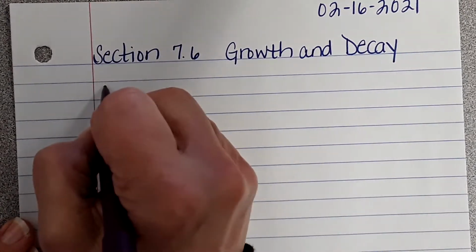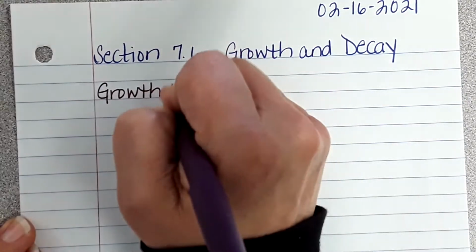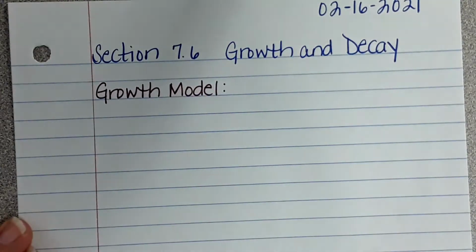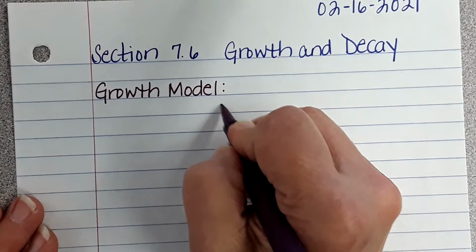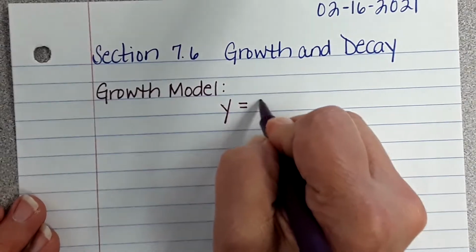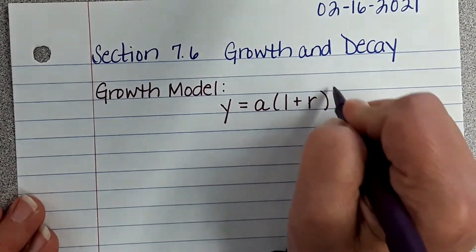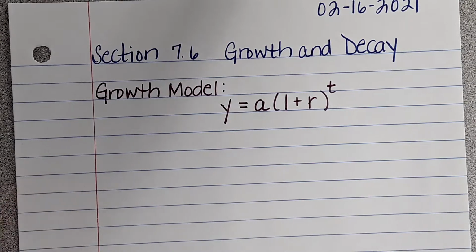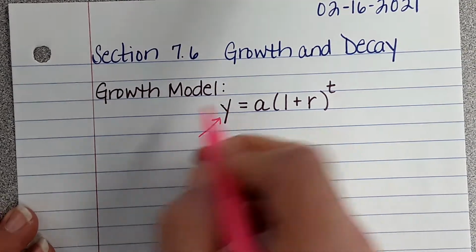Okay, so we have the growth model. The growth model equation looks like this: y equals a times (1 plus r) to the t.